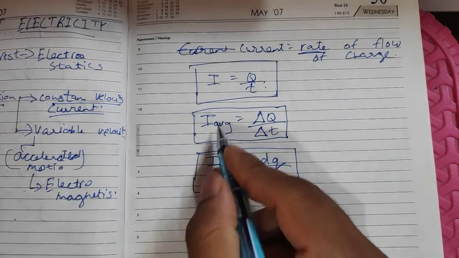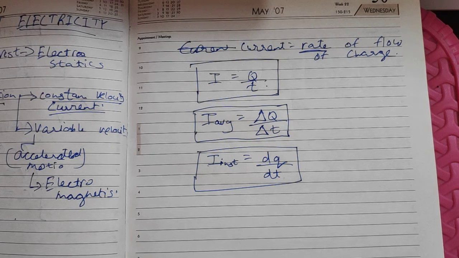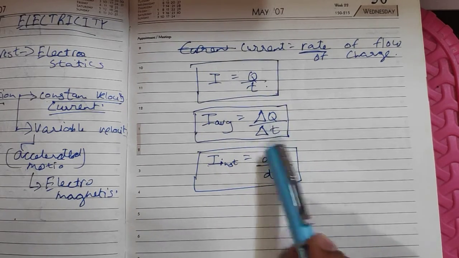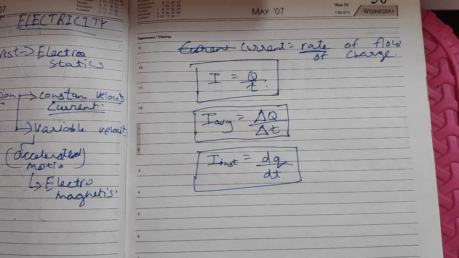I hope you know what is average and what is instantaneous. Average: suppose there is a current flowing for 5 seconds. If someone asks what is the average current flown between 3 to 5 seconds, then 3 to 5 seconds will be a time interval of 2 seconds and the amount of charge flown through that time will be delta q.